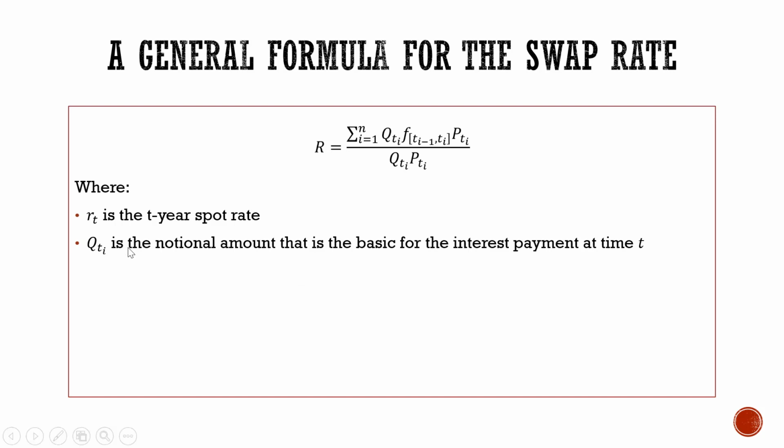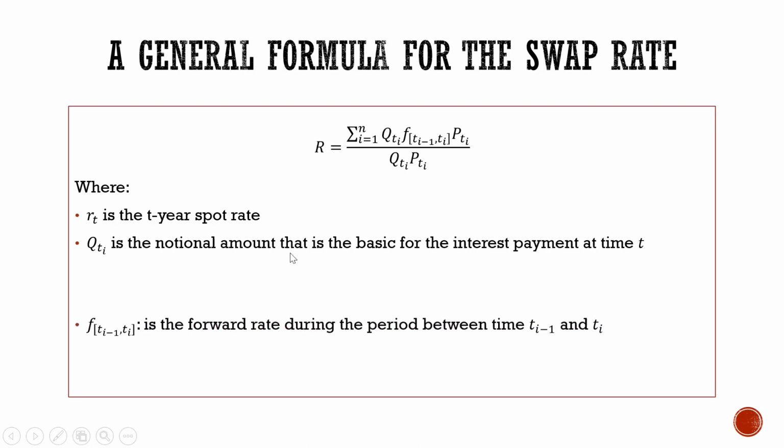If Q is a constant, then Q can be cancelled from the numerator and denominator. If Q is increasing over time, we have an accreting swap. If Q is decreasing over time, then we have an amortizing swap.